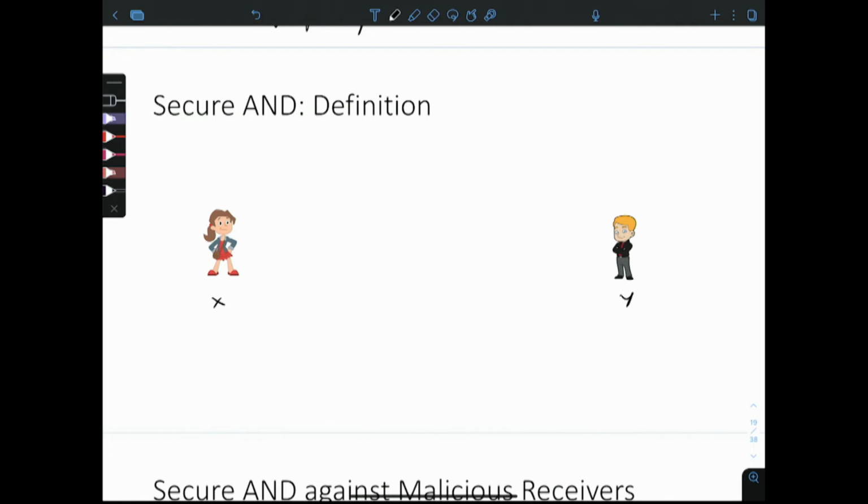So Alice would like to learn X and Y, and so would Bob. Unlike the case of XOR, it's not okay for both parties to send their inputs across to each other in the clear.